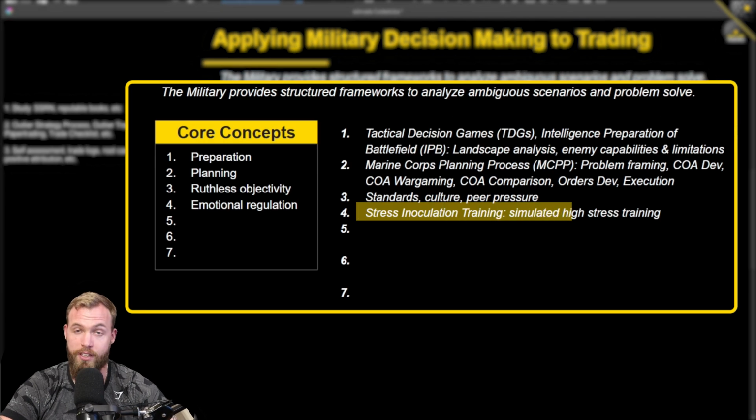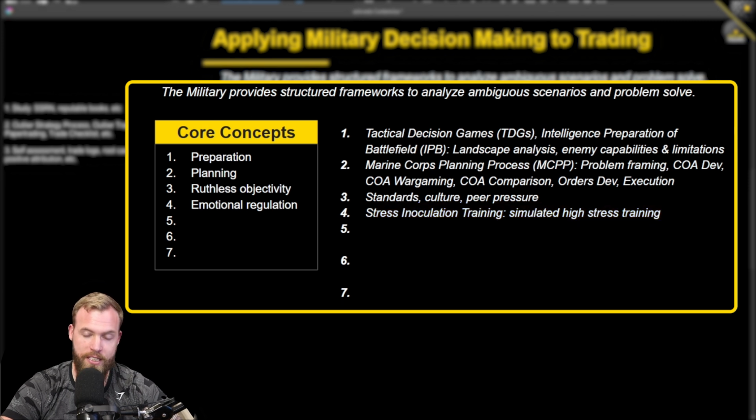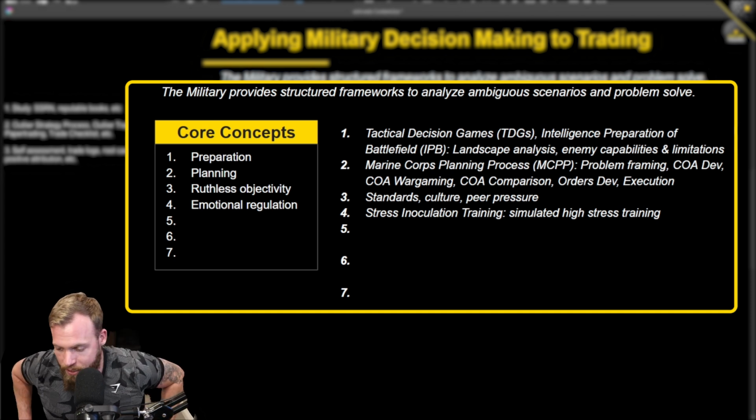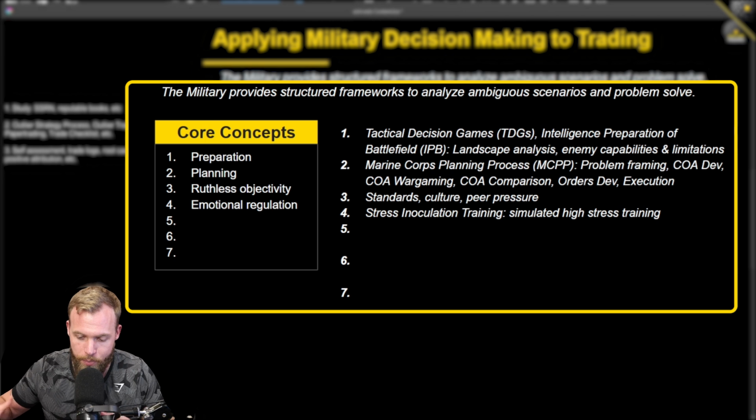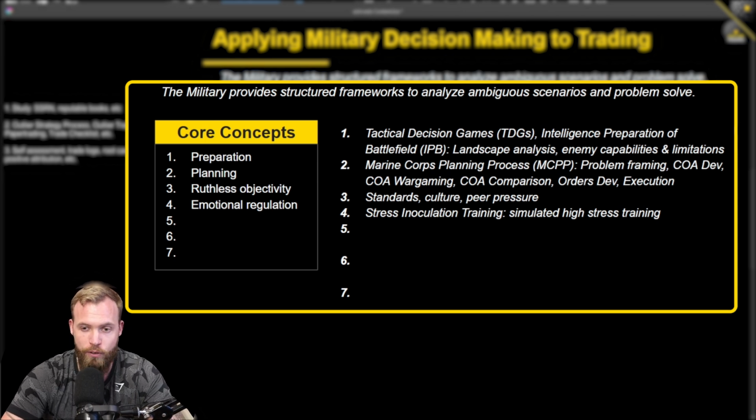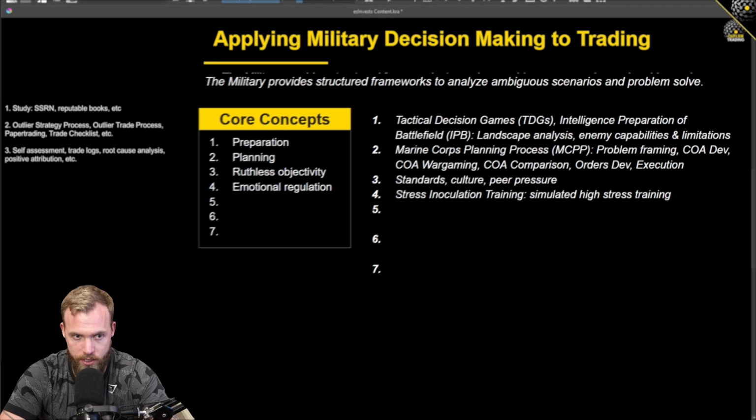Emotional regulation. This is where we start entering that layer of discipline. And the things that we do in the Marine Corps are really simple, and other services do this exact same thing, which is stress inoculation training. The whole idea is we're trying to put you in the best comparative scenario that we possibly can to actually being on a battlefield, so that when you eventually end up on a battlefield, it's not your first time in anything even close to this.